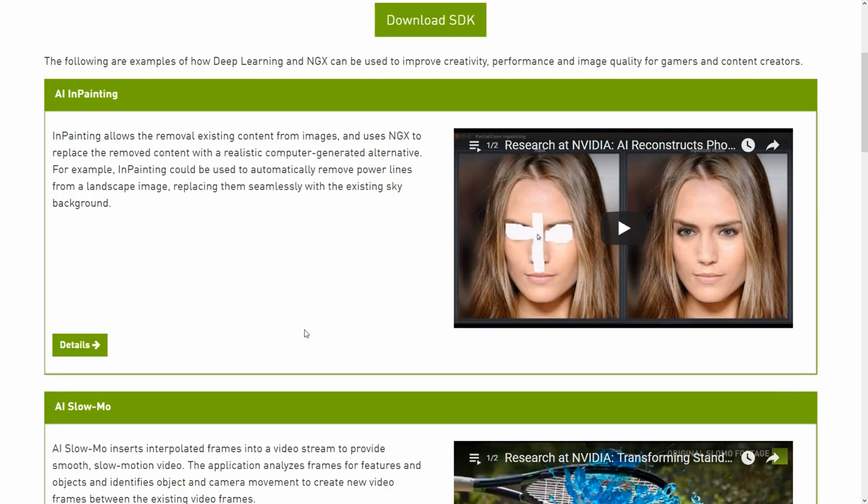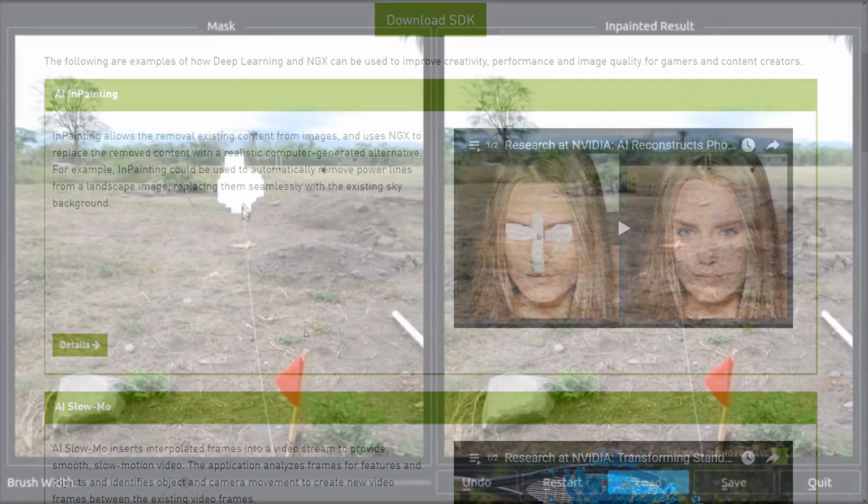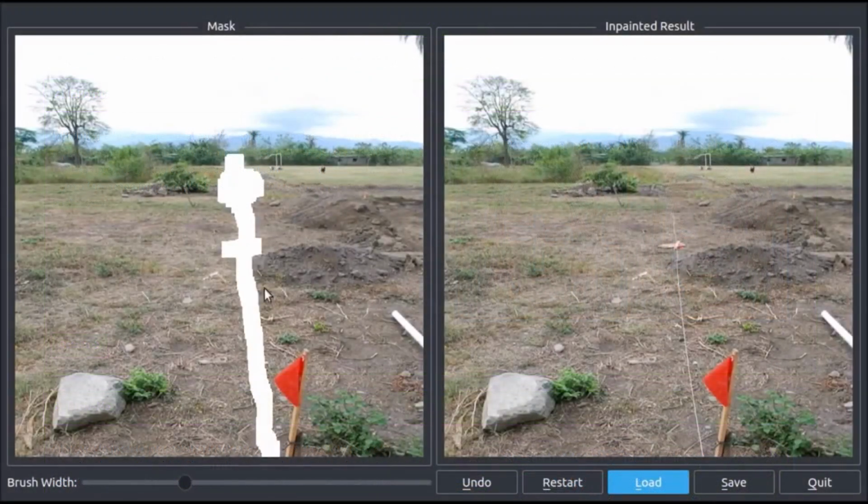Another really interesting thing is what they're calling AI in-painting. In-painting allows the removal of existing content from images and uses NGX to replace the removed content with a realistic computer-generated alternative. So if you've ever used resynthesizer or content-aware technology, you will know what they're talking about.